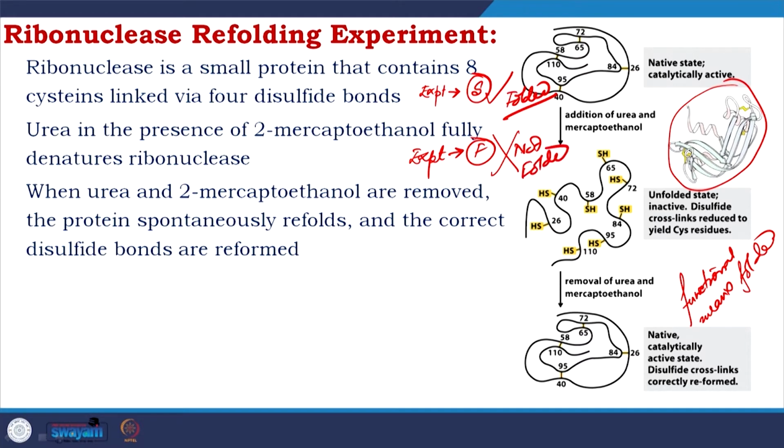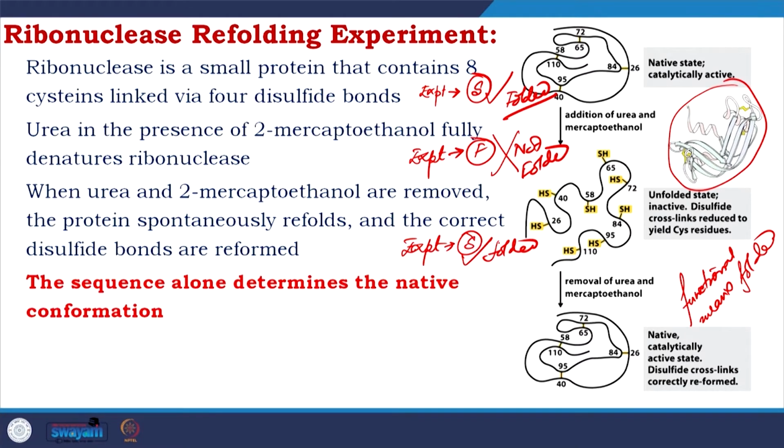Then again he removed those denaturing agents and the experiment was successful, meaning folded. So, what he is saying is, I had taken the protein from biology, but I denatured it and then I removed the agents, and the protein renatured by itself. That is the key of this experiment.